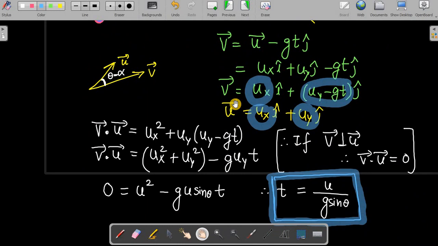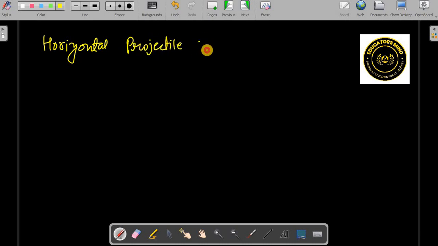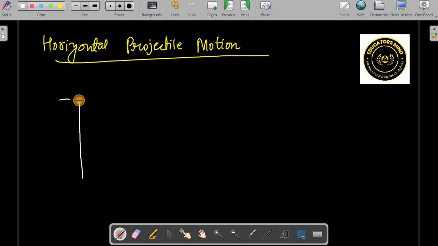Now let us see some variation here, that is horizontal projectile motion. How does horizontal projectile motion work? It is like the ball or the object is projected from some height.